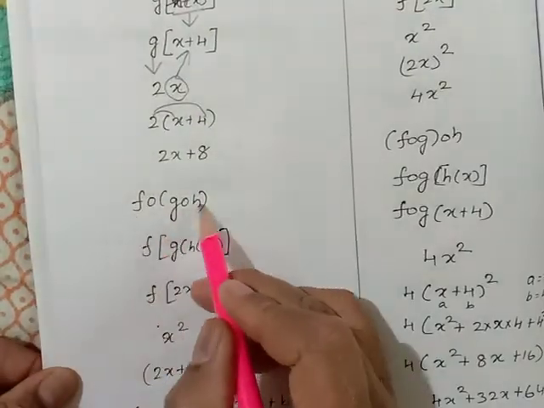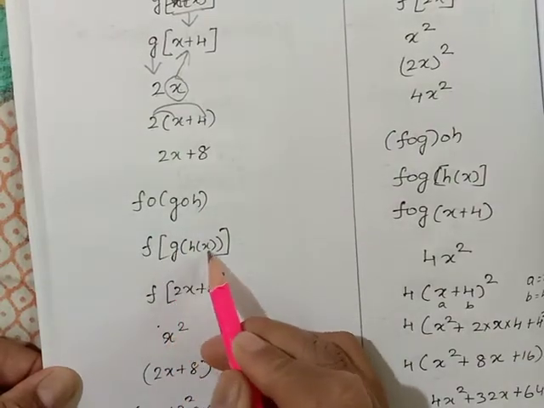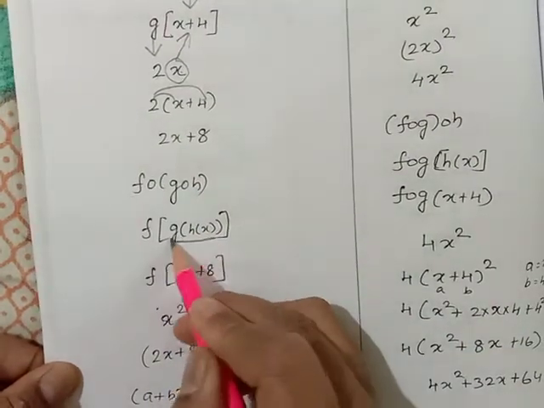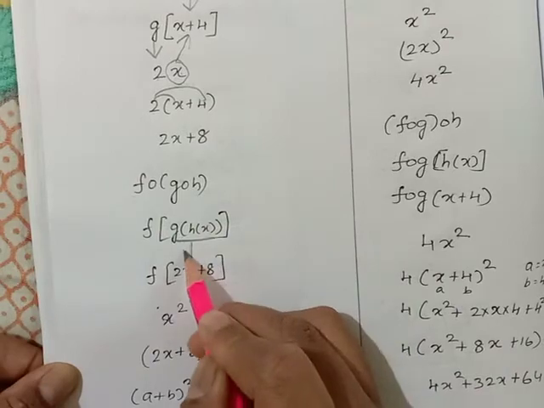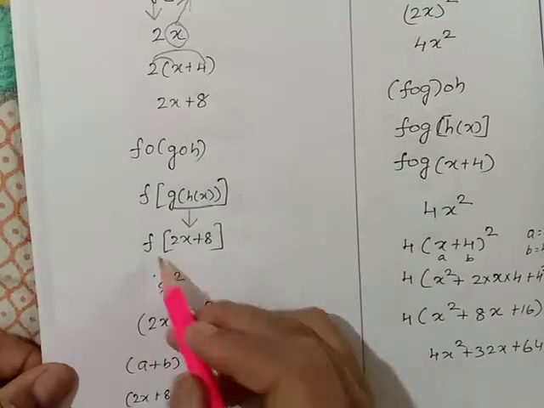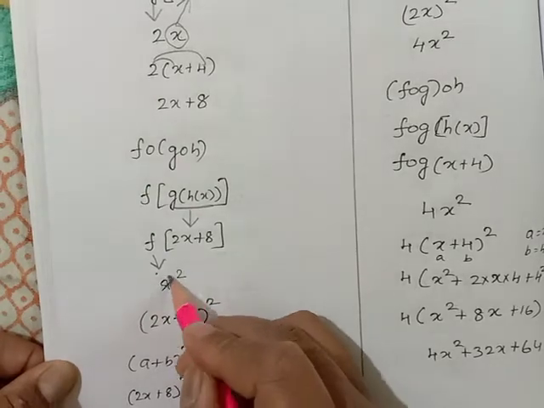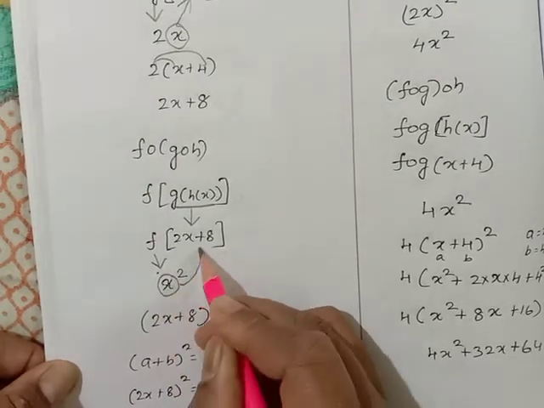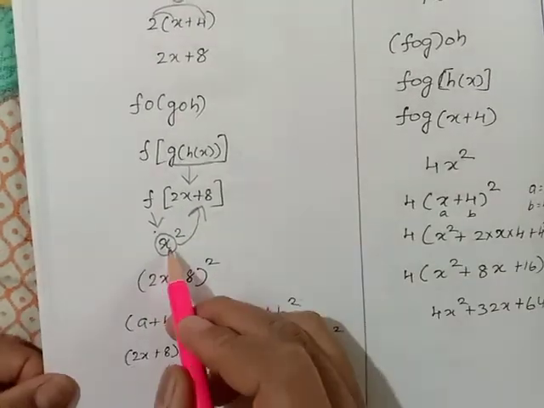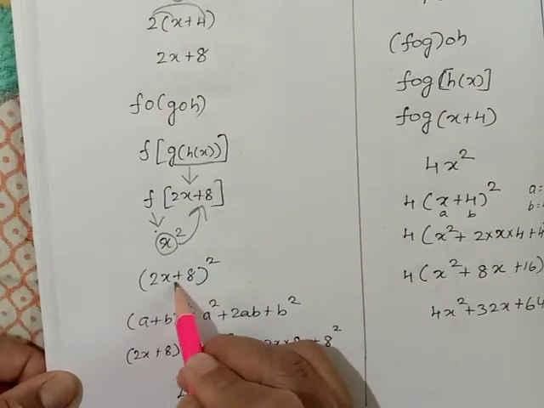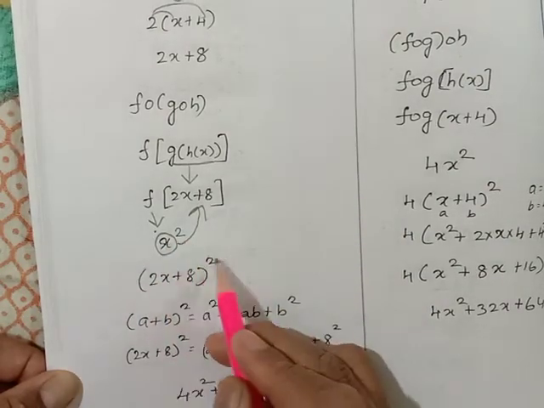Now we'll write the whole term, f of g of h of x. We know that g of h of x, just now we have found, is 2x plus 8. Now let us write the outer value. F value is x square, but in the place of x we will write 2x plus 8, whole square.